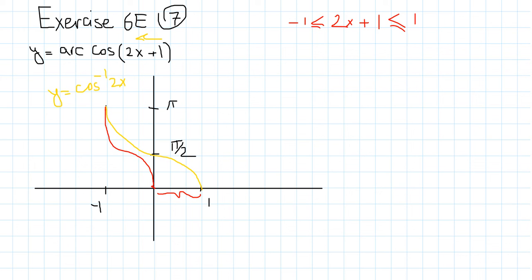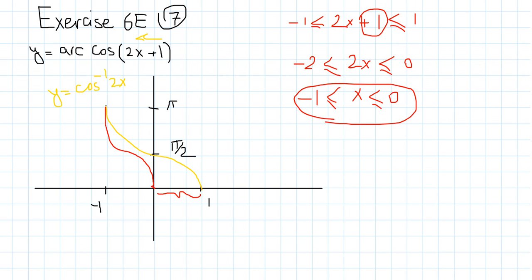Now to find the domain of x, subtract 1 from all sides. Here remains only 2x. Here 1 minus 1 is 0, and here minus 1 minus 1 is minus 2. Now I need x, so divide all by 2, the factor of x. 0 divided by 2 is 0, and this is minus 1. So my graph should be between 0 and minus 1. This is the graph of arccos of 2x plus 1. Okay, we solved this problem.